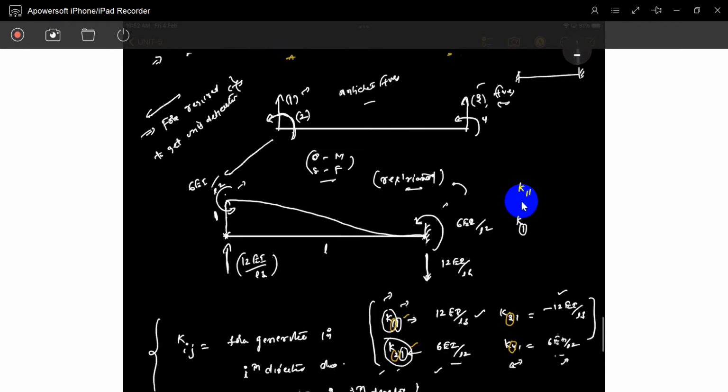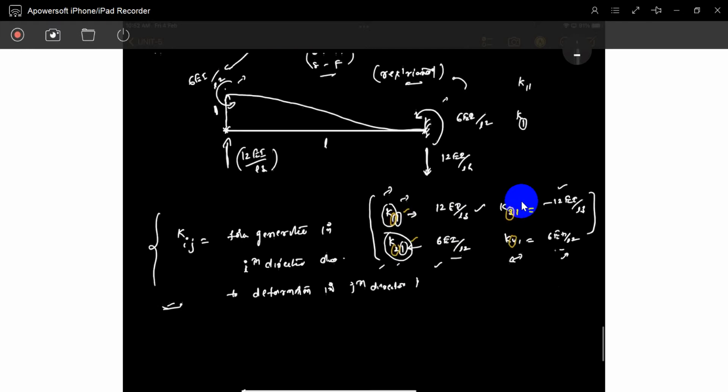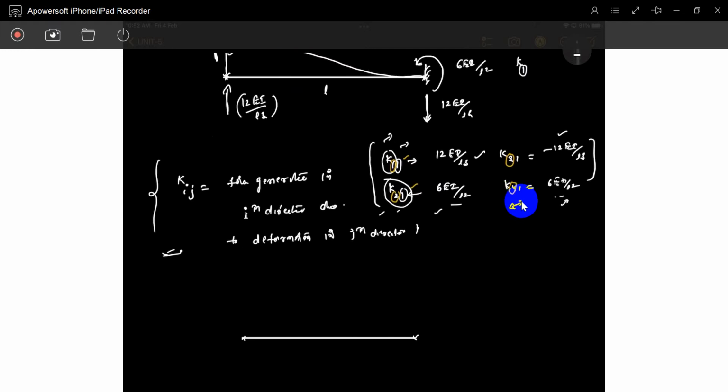Give a rotation in the anti-clockwise direction, so the remaining everything is constant. Give a unit rotation, one rotation.